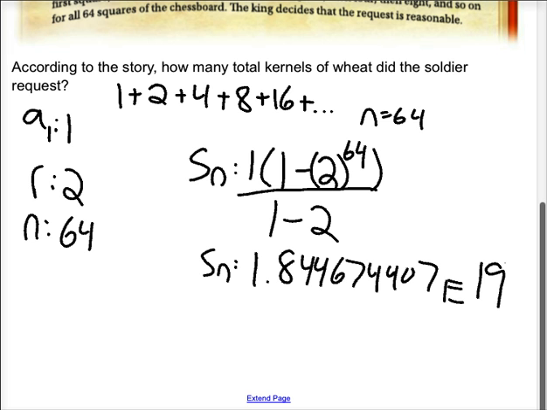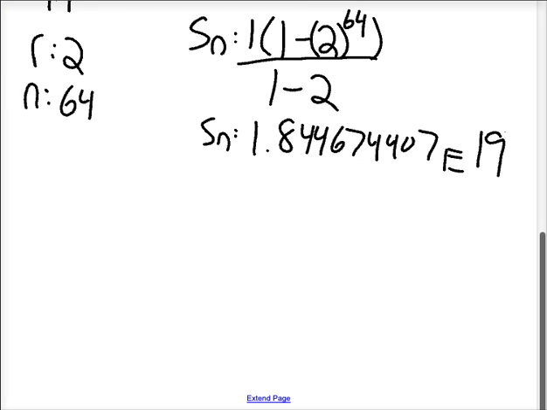Now, you may have seen this in Expo. This may have happened once or twice. What that notation really means is scientific notation. So it's saying take 1.84 times 10 to the 19. So that's telling you to move this decimal place over 19 times to increase this number.